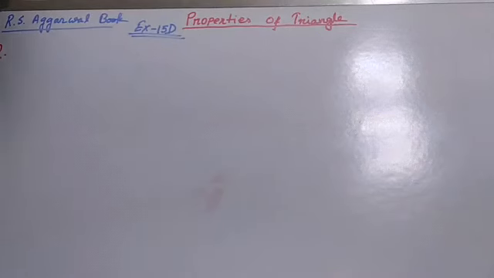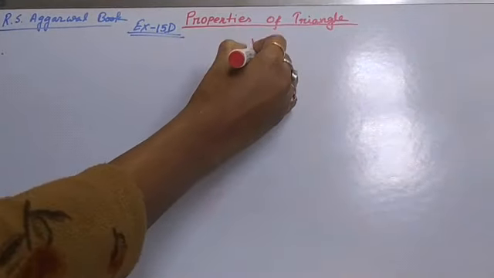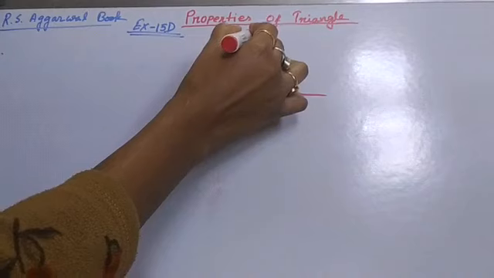Now coming to exercise 15D, question number 2. Here the question is, the hypotenuse of a right triangle is 26 cm long. If one of the remaining two sides is 10 cm long, find the length of the other side. So first of all, I will draw a right triangle.